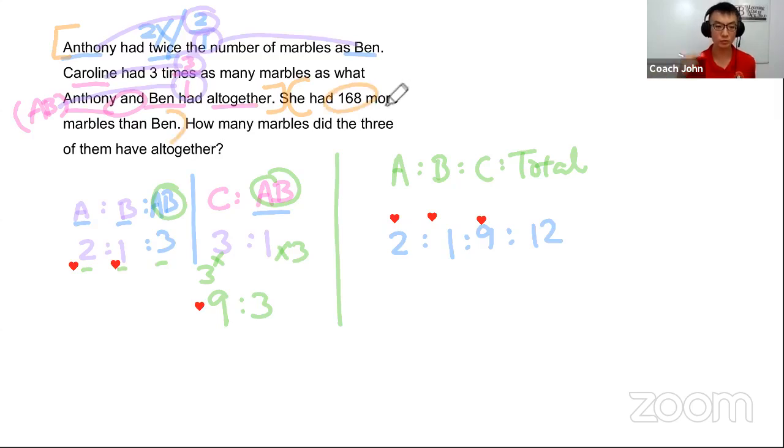And you know that you have to use some numbers to solve the question. So Caroline and Ben, the difference is 8 units, which is 168, and 1 unit is actually 21.